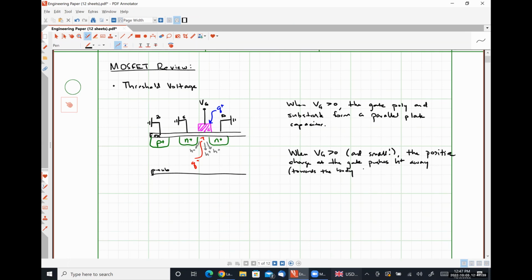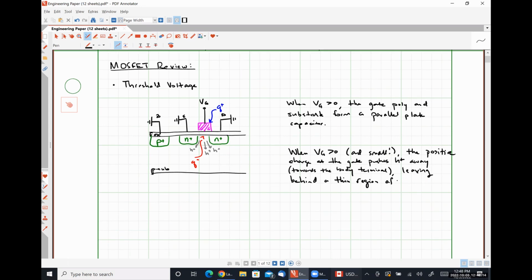What I really mean is just into the bulk. Leaving behind a thin region, let's call it, of ionized acceptor, sorry, because this is a p-type substrate, acceptor atoms.